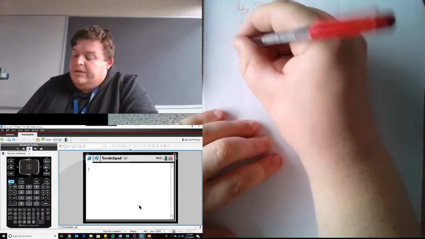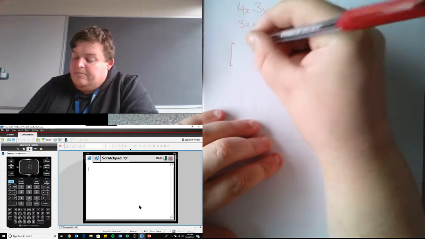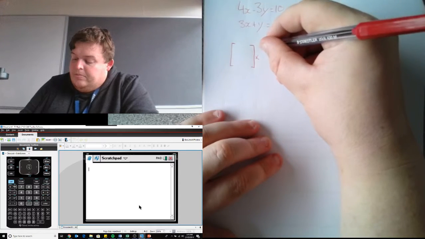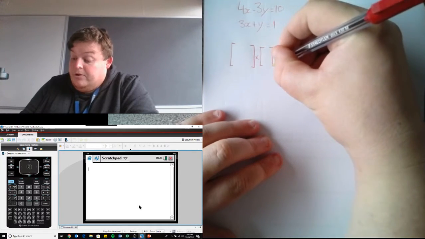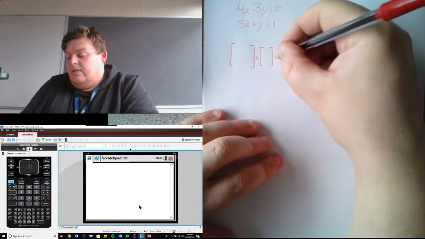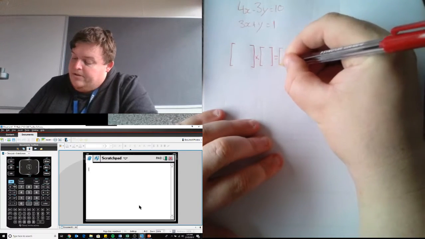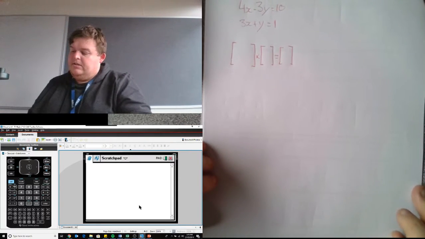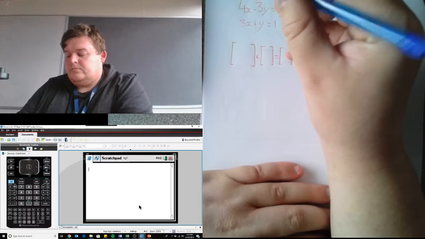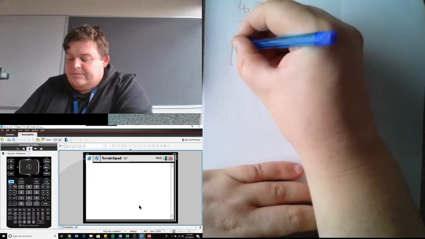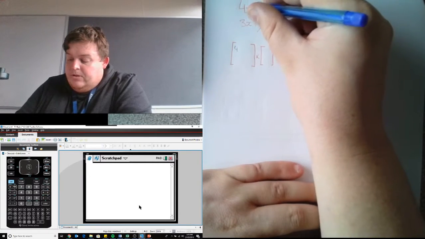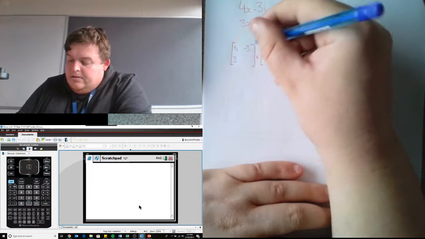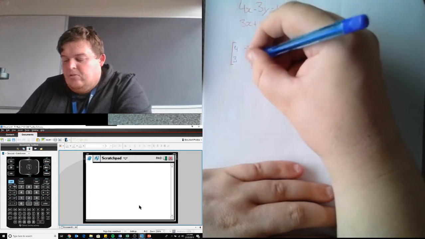What you need is a matrix that has just the numbers in it on this side of the equal sign, multiplied by a matrix that has just the pronumerals in it, equals a matrix that has just the answers in it. So we have 4, make sure you bring this sign in, so -3, 3, and if there's no sign, it means that there's a 1.